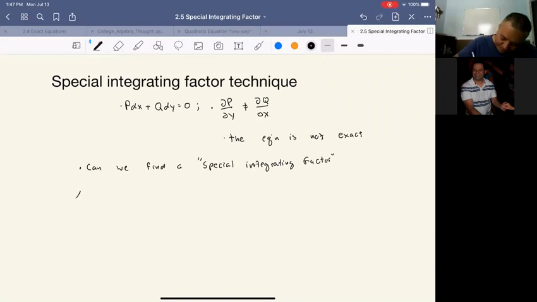Okay, mu of xy, so that's what the ST stands for.